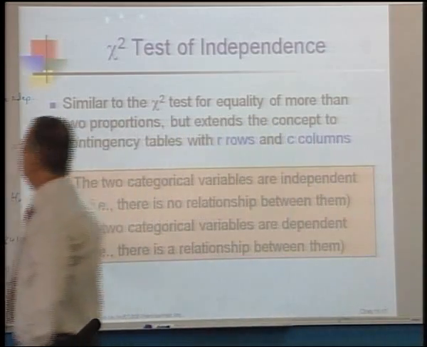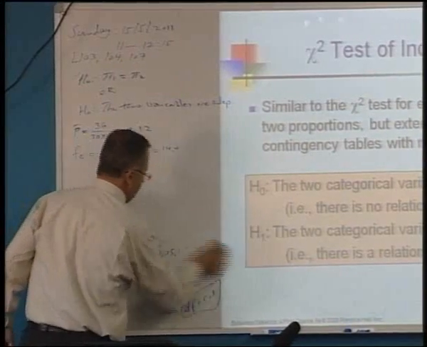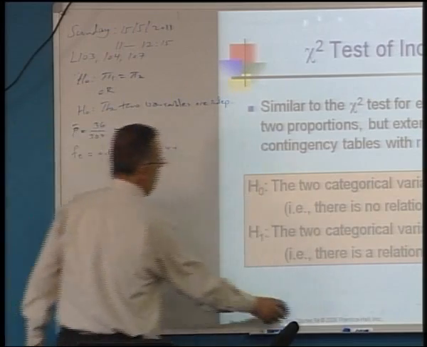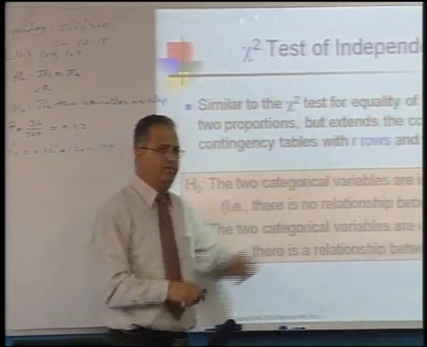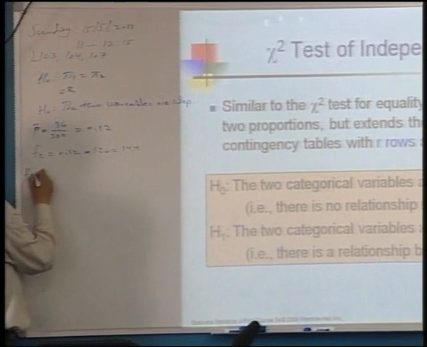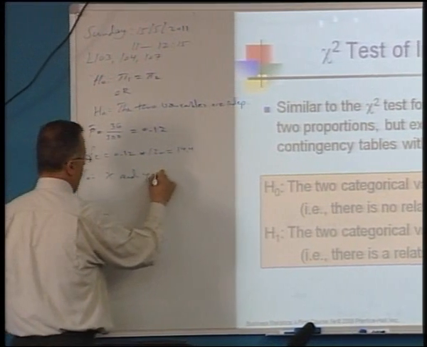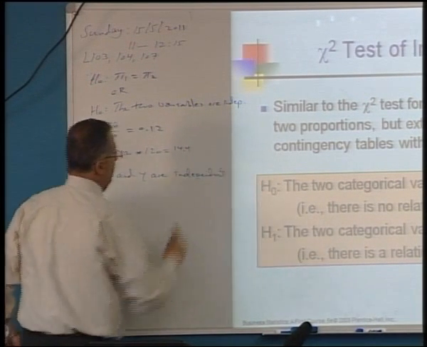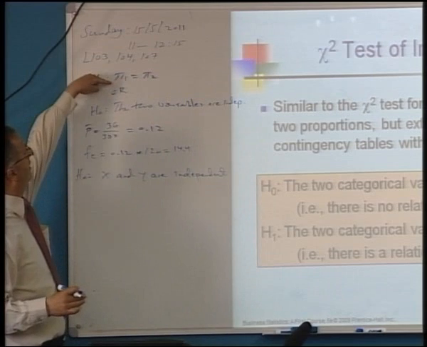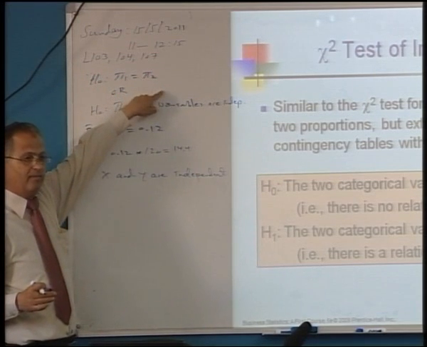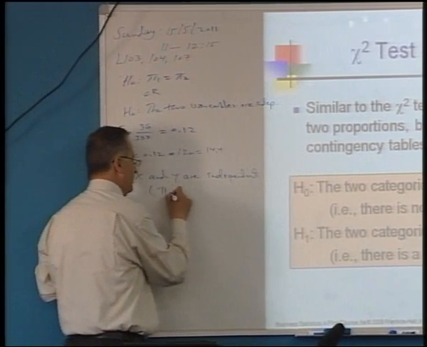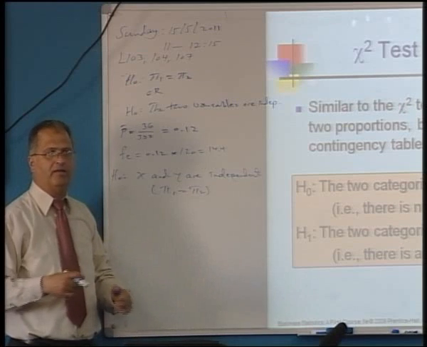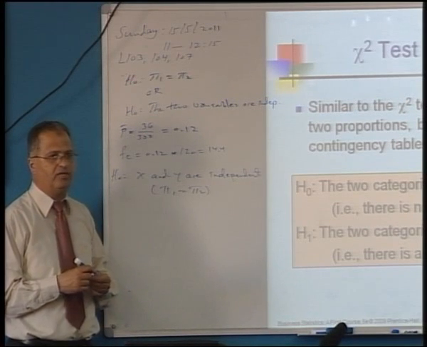So, test of independence. The null hypothesis is always that the two categorical variables are independent. So H0, always X and Y, for example, are independent. This means there is no difference between them. Y1 equals Y2. Similarly, X and Y are independent, so there is no difference between the two population proportions.